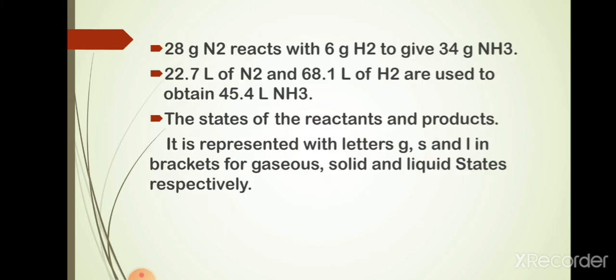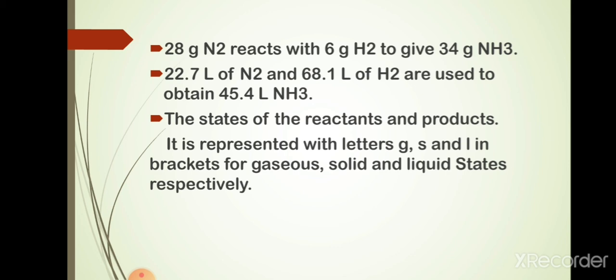And if we know the number of moles, we can convert it into grams. From the example we have taken, to get 34 grams of ammonia, we should add 28 grams of nitrogen to 6 grams of hydrogen.